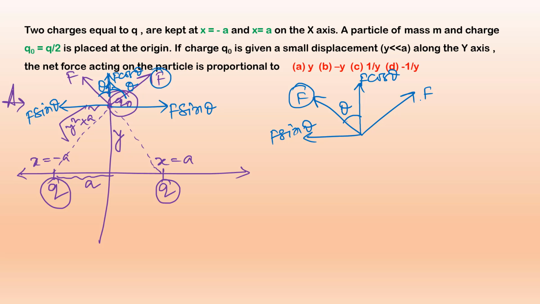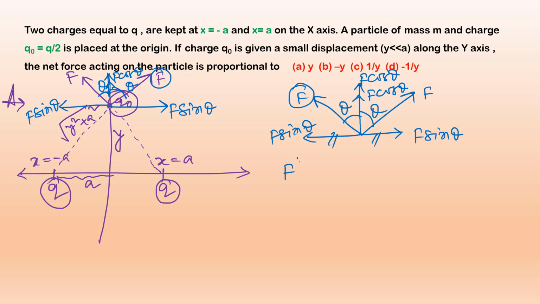Similarly for the other force, if this angle is also theta, we'll get another f cos theta component along this and another f sine theta component along this. As you can see, the f sine theta components are equal and opposite to each other, so they will cancel out, right?